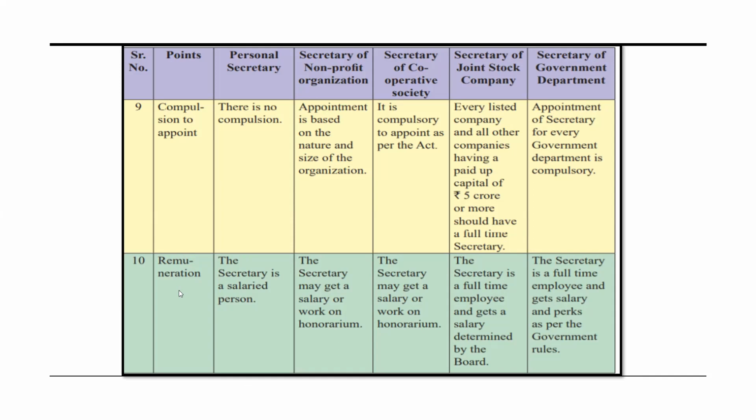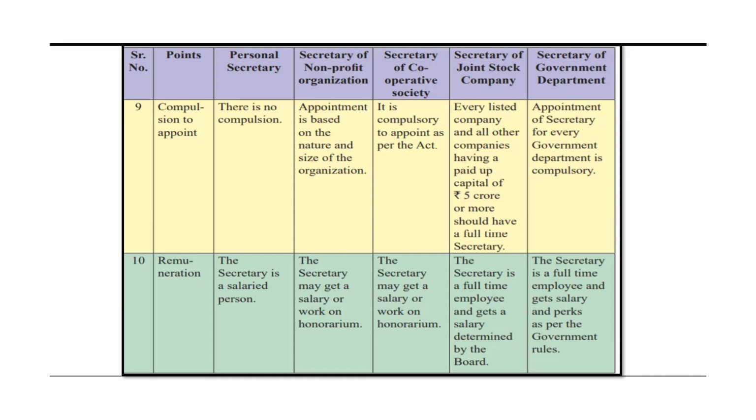Last point, remuneration. Remuneration means salary or honorarium. In case of a personal secretary, he or she is a salaried person, kept on a salary basis. In case of a non-profit organization, the secretary may get a salary or work on honorarium. In case of a cooperative society, the secretary may get a salary or work on honorarium.